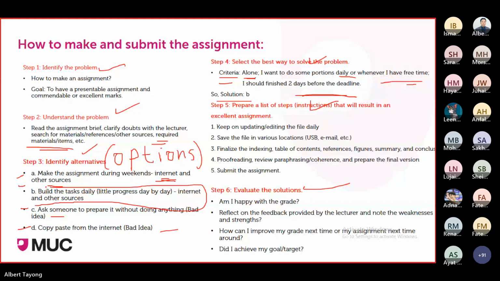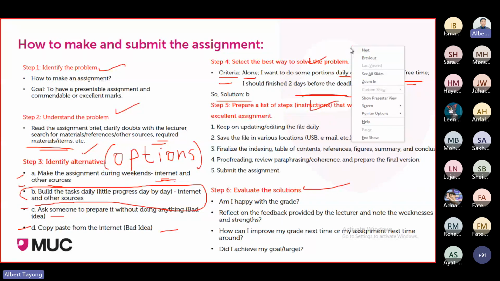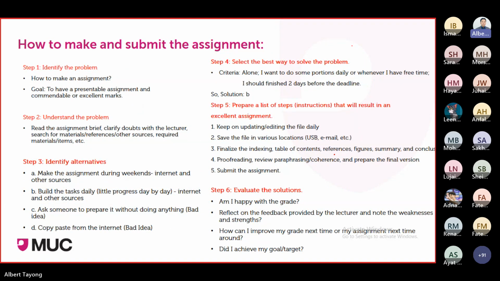Okay. So as a student, my assignments, actually, I solve the problem by trying to do it every day during my free time. Sometimes I also try to not do anything during a particular day because I might go somewhere, I might be so busy, but I try to see to it that there is little progress every day.